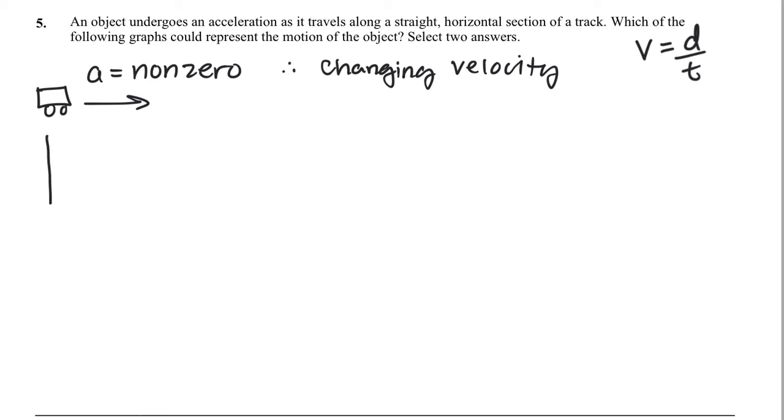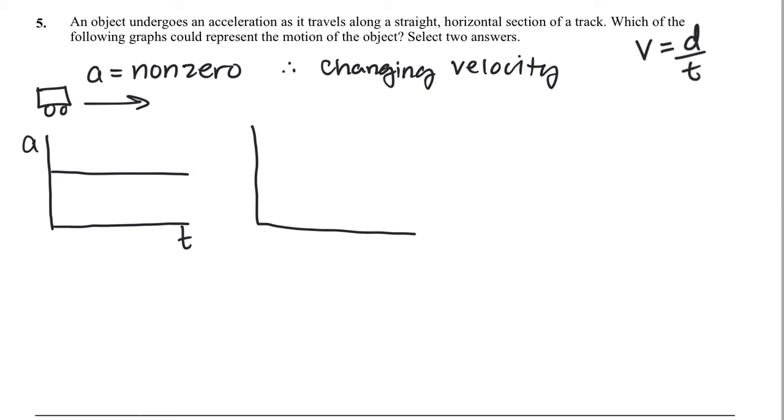So graphically, because eventually this problem is going to make us look at a graph, we have acceleration in time. Acceleration is going to be constant. So if it's constant, and let's say that it's positive, that means our velocity graph is going to have to be changing in the positive direction.